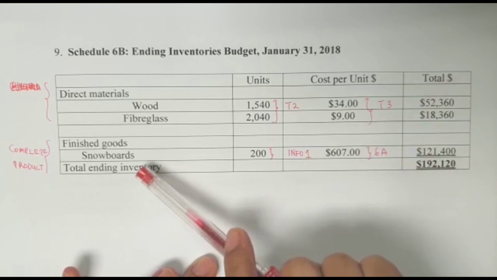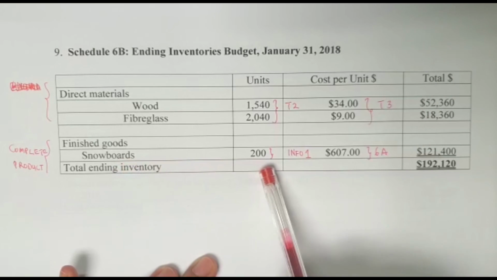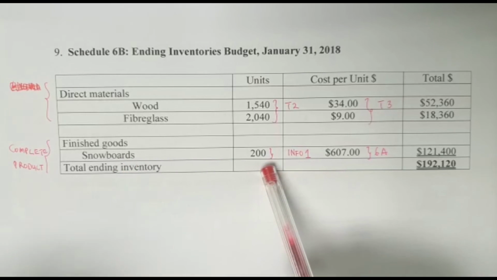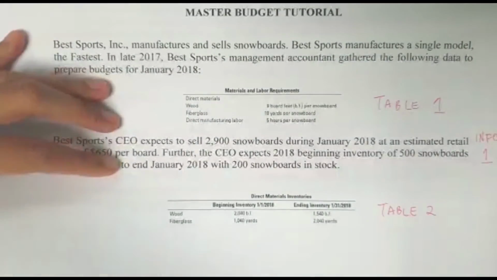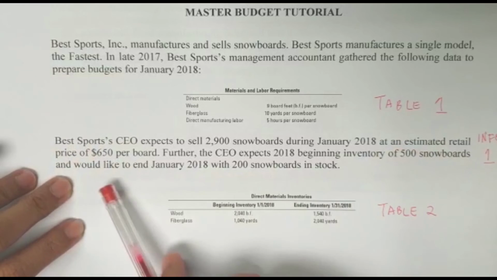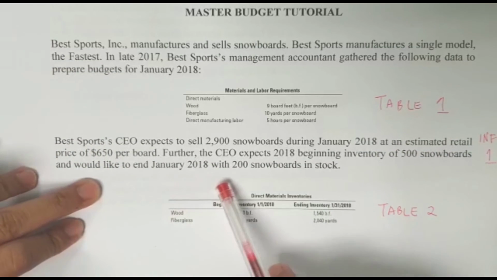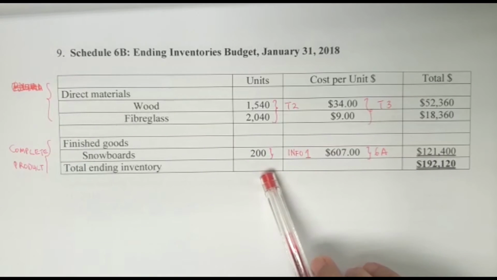In regards to finished goods, the units of the ending inventory for snowboard are actually given in information 1. If you look at information 1 here, they would like to end January with 200 snowboards in stock. So 200 is their ending inventory.